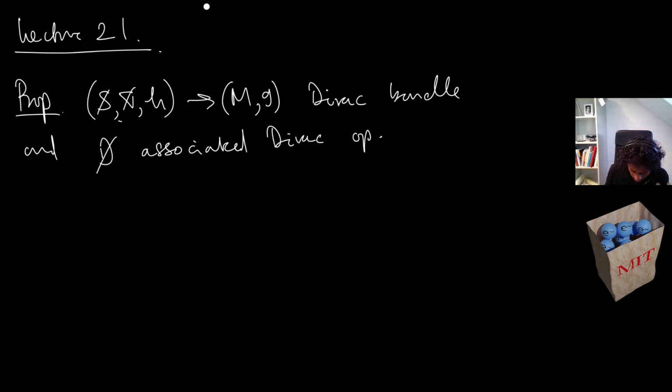So the question was when can we decompose D into this cylindrical shape, or into this canonical form of dt plus A near the boundary, right?